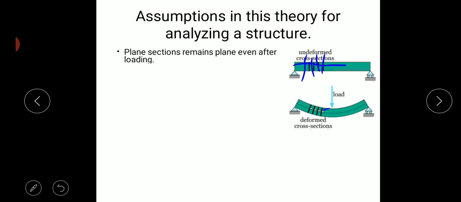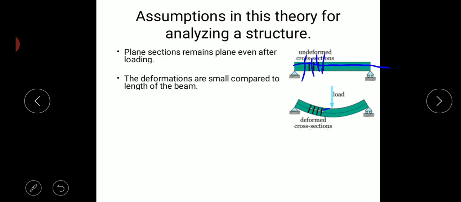This perpendicular section to the neutral axis remains perpendicular to the neutral axis even after loading. So this is the first and foremost important assumption for the moment area method.